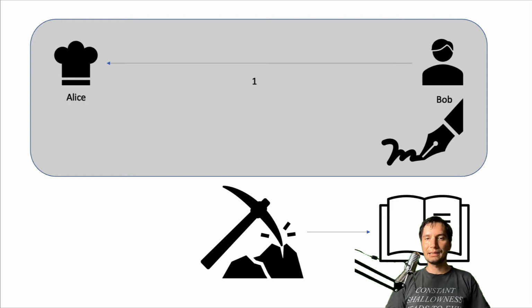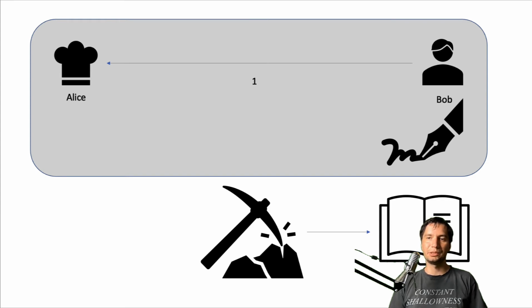So in this case, with every transaction, Bob needs to pay the miners to include the transaction in a block, and the whole blockchain, the book which consists of the ledger of all transactions, is quite large.